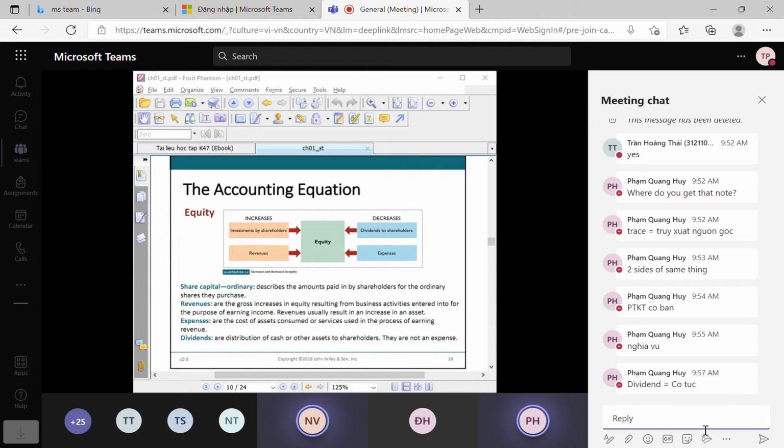For example, I do the business of milk tea, and after 1 year, I have a profit of 2 million Vietnam đồng, and I give 1 million Vietnam đồng to my mom. This means dividend.